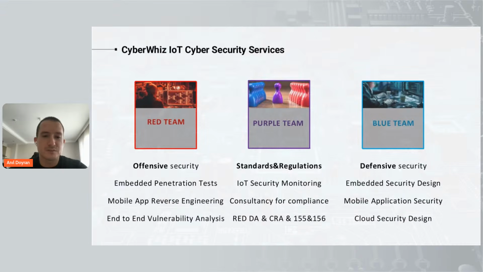Our red team is responsible for penetration testing, and they apply vulnerability analysis and penetration testing to the devices, mobile app, and the corresponding cloud APIs. This will be very important for the risk assessment part in the RED DA process. Our purple team closely follows IoT standards and regulations and acts as a bridge between our red team and blue team. Our blue team is the design team. We are adding software solutions and design changes in every domain of IoT products.